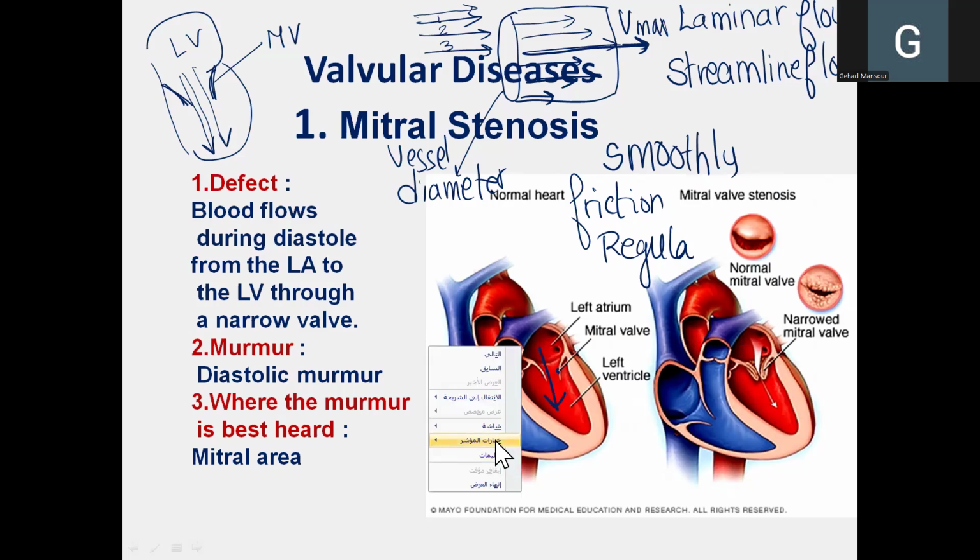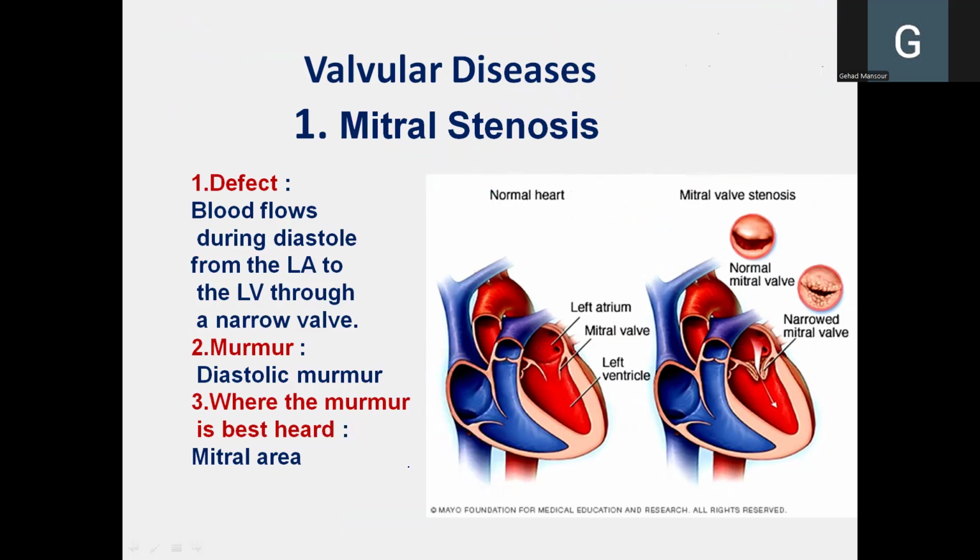What's the importance of having a laminar flow? First of all, we have to know that a laminar flow is obtained when the blood passes through a normal atrioventricular valve.